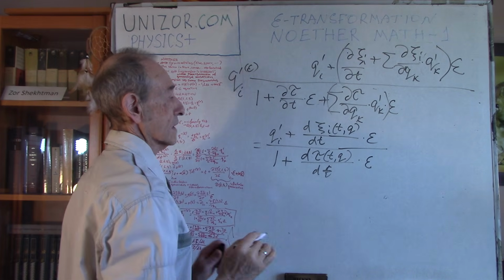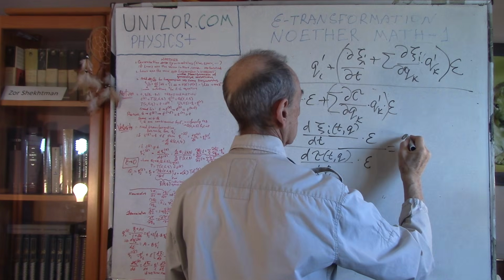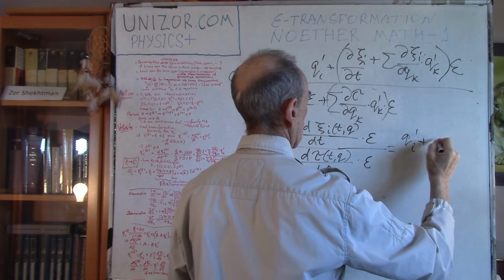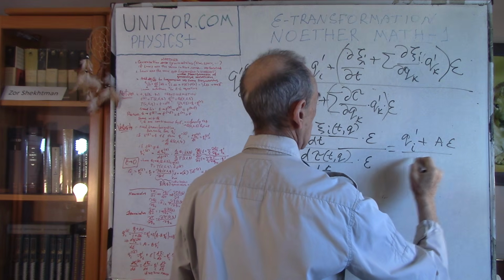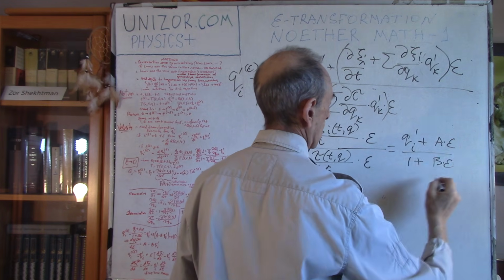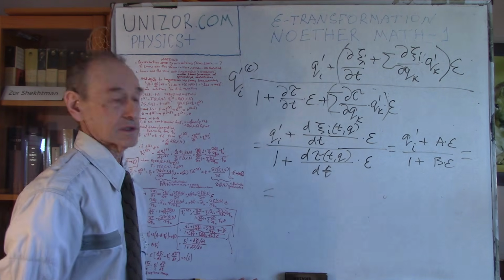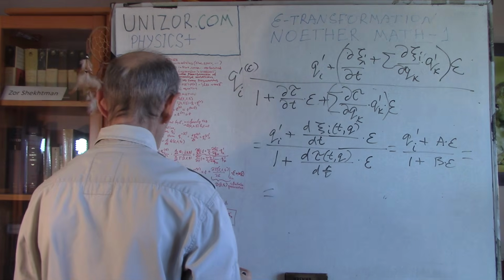Now, why is this better? Well, here is why. It's equal to qi plus a epsilon, and this is 1 plus b epsilon equals 2. And I will just write the formula, and it's easier to check it.